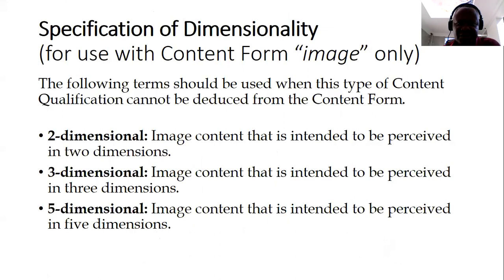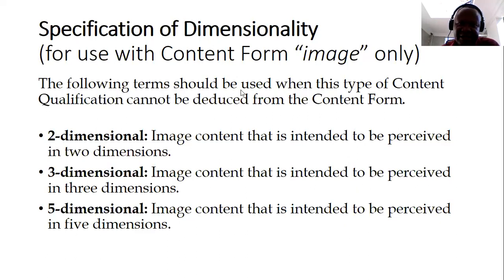The following terms should be used when this type of content qualification cannot be deduced from the content form. For instance, when you have a map and the content form term cannot show which dimensions that map has, then we have to go ahead and specify the dimensionality.